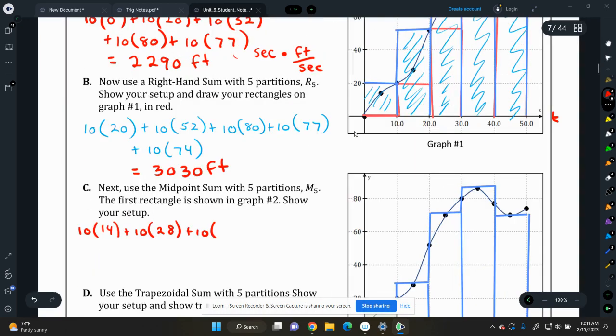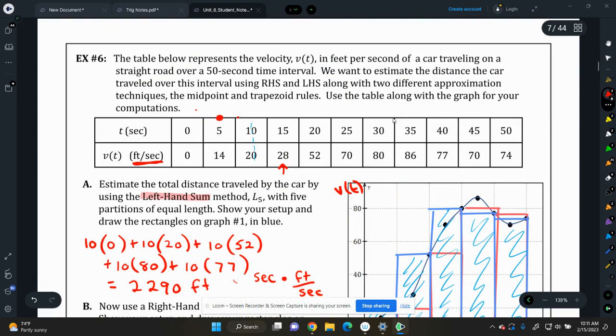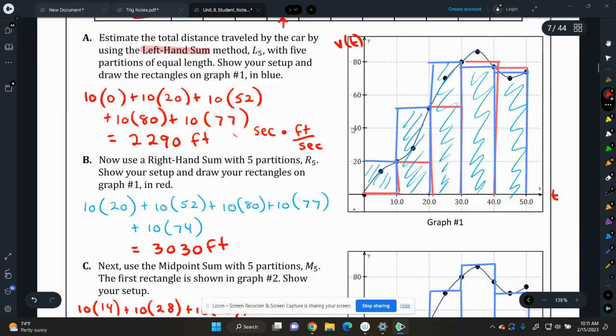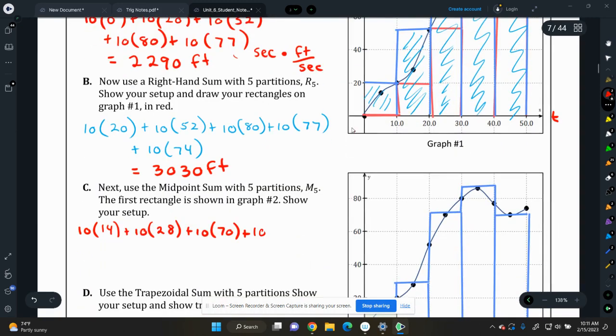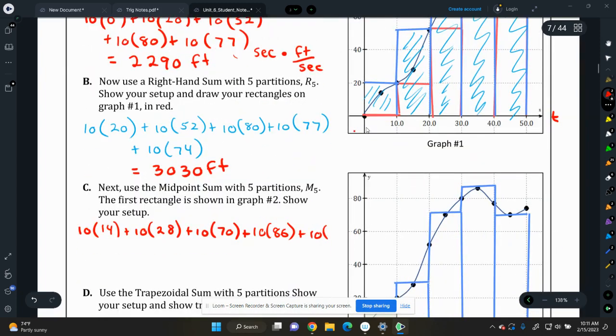So we're using a y value of 70 plus 30 to 40, so I'm looking at 86. And then the last one is using 45, so it's 70. And we get 2,680.